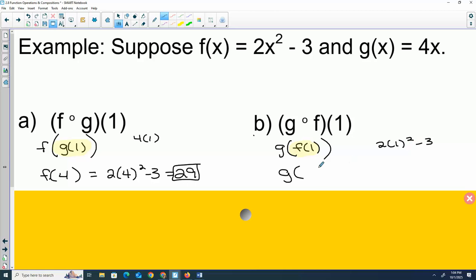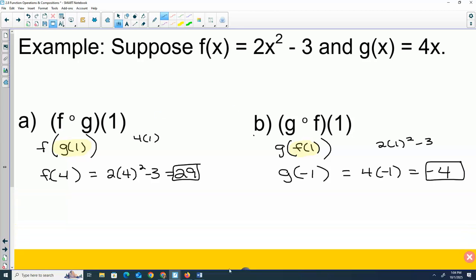Okay, so that would be 2 minus 3, which is negative 1. I'm putting that into g. That would be 4 times negative 1, or negative 4. So, order makes a big difference on this. You always start on the inside, work your way out.